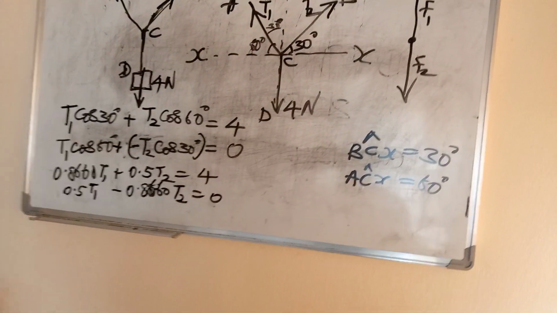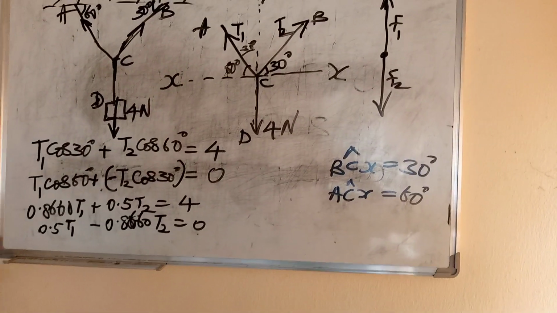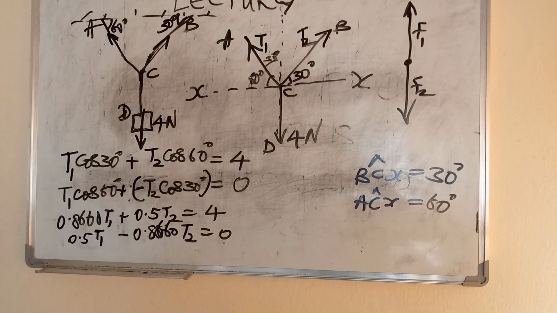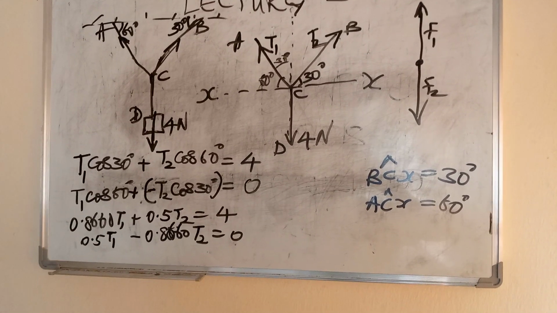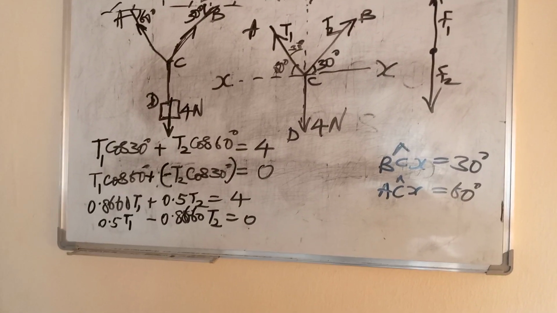So I have two simultaneous equations, which can be solved elementarily. If you solve these two simultaneous equations, you get T1 and T2.